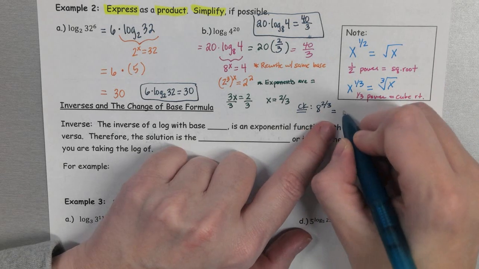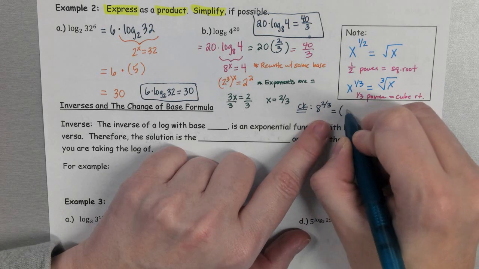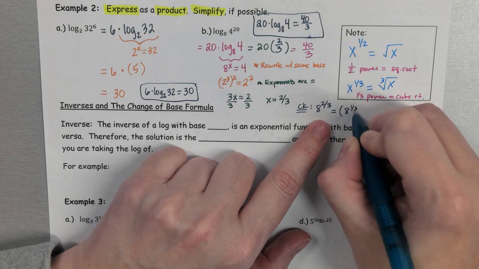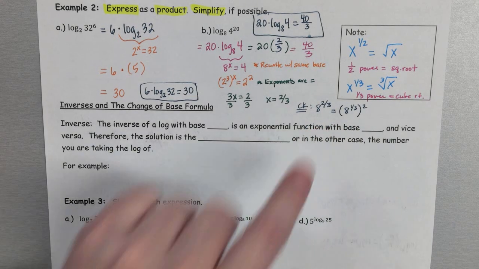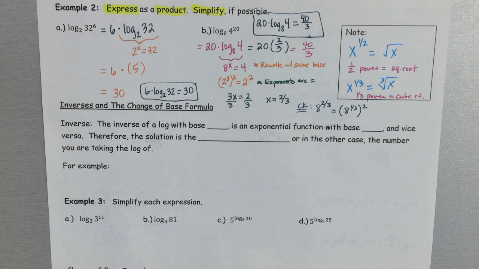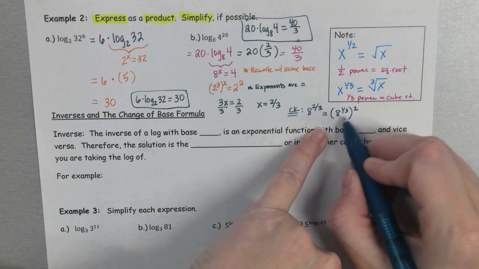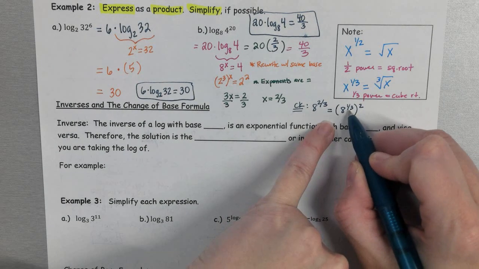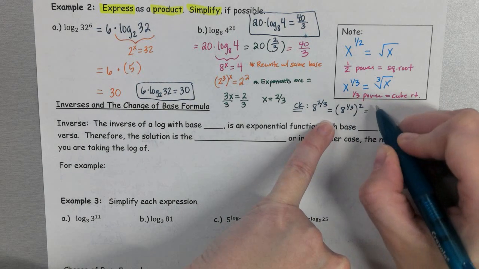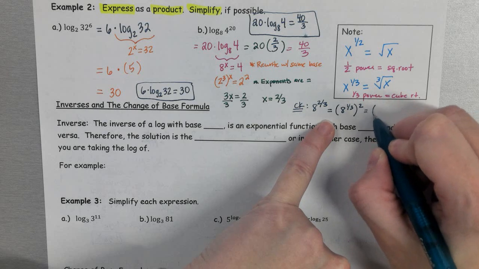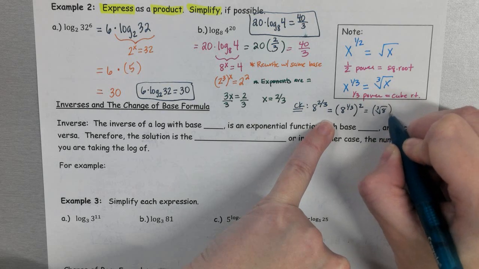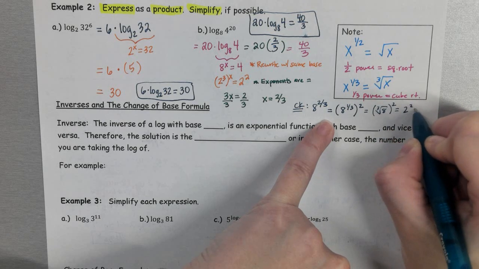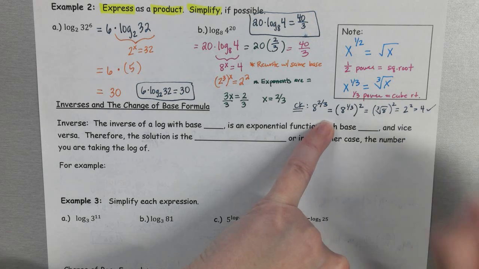Yes, you guys agree? Okay, so then if I rewrote this as 8 to the power of 1/3, to the second, which we'll do more of later on, but I just want to show you how quick this can be. 8 to the 1/3 we just said is the cube root, right? What's the cube root of 8? 2. And then what's 2 squared? 4. Yeah, so that works.